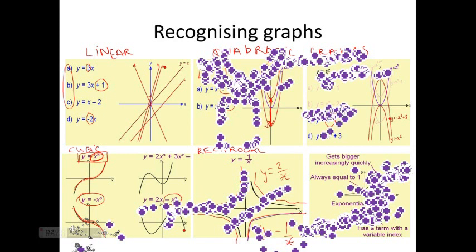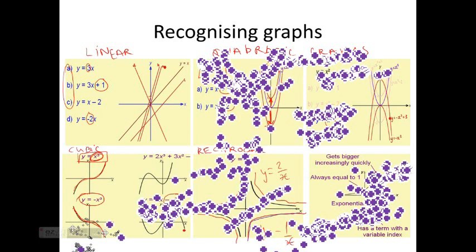The next one is, we said, the original form of a cubic. So if you plot y equals x cubed, you're going to get this graph. All I have to do is look for y equals x cubed.